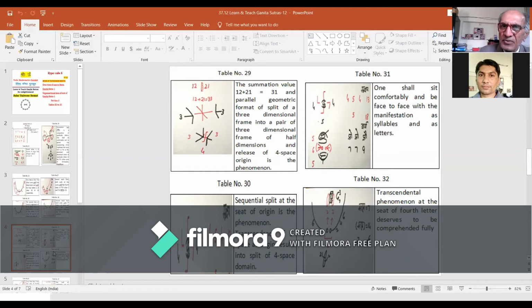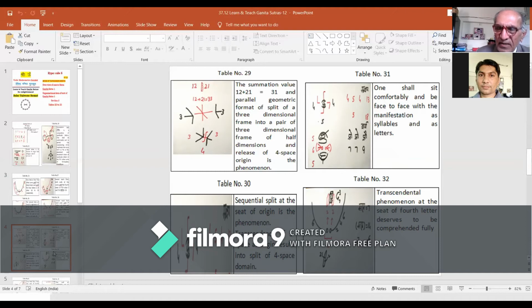The table 29 brings us face to face with the split phenomenon of the three-dimensional frame. The three-dimensional frame splits into a pair of three-dimensional frames of half dimensions. And in the process of this split, the creative origin, the four spaces origin, transcends out.